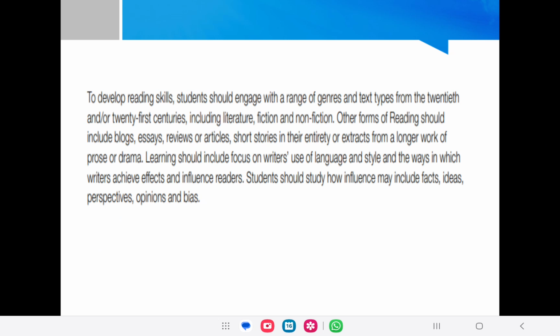What are those points? How the writer influences the readers, how facts, ideas, different perspectives, opinions, different biases have been used in the book or in the novel or whatever you are reading. So if you want to improve your reading skills, these are the things that you are supposed to do.